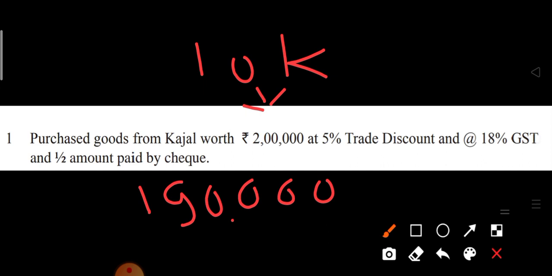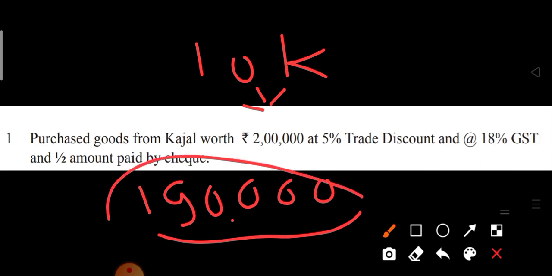Now you have to pay this whole 1,90,000, out of which half amount we are paying by check. So 1,90,000 into 18% is how much? 34,200.